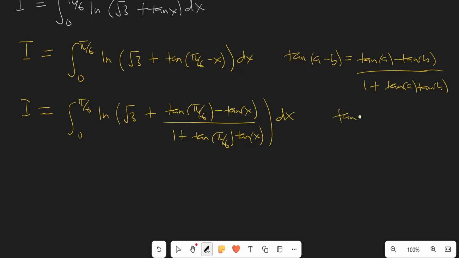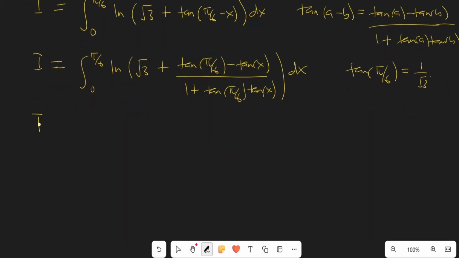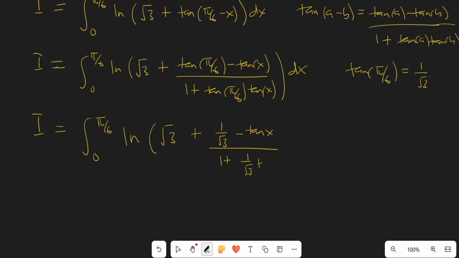We know that tan of pi over 6, that is tan 30, is equal to 1 over the square root of 3. So I from our King's property is the integral from 0 to pi over 6 of the natural logarithm of the square root of 3 plus 1 over square root of 3 minus tan of x all over 1 plus 1 over square root of 3 tan of x dx.